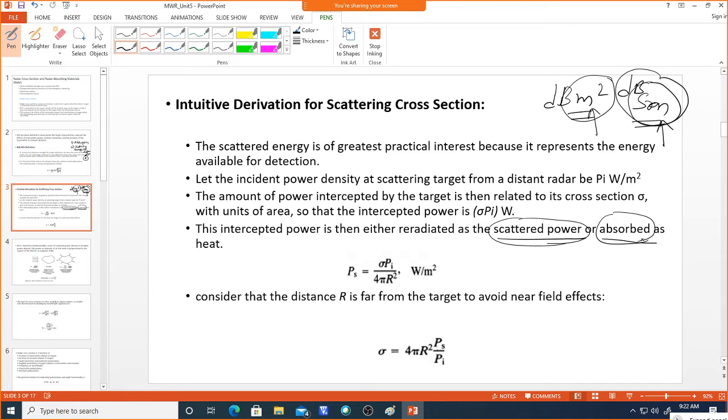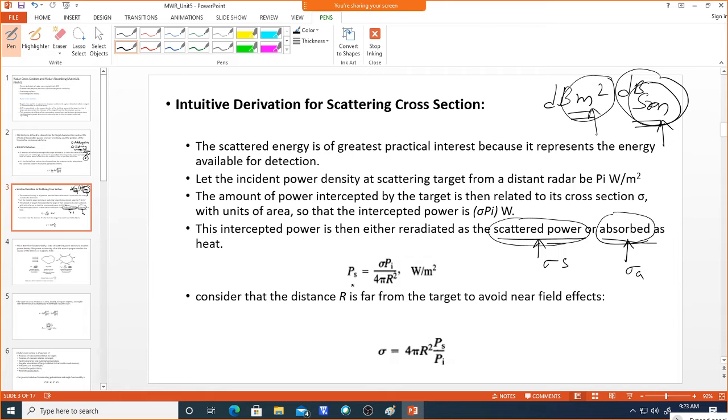So it forms as heat. This we can call the absorbed radar cross section, and this is the scattering radar cross section. Depending upon whether the energy is absorbed or scattered, the target radar cross section will be calculated. Now you can see the scattered power depends on the incident power as well as the distance between the illuminator and the target.